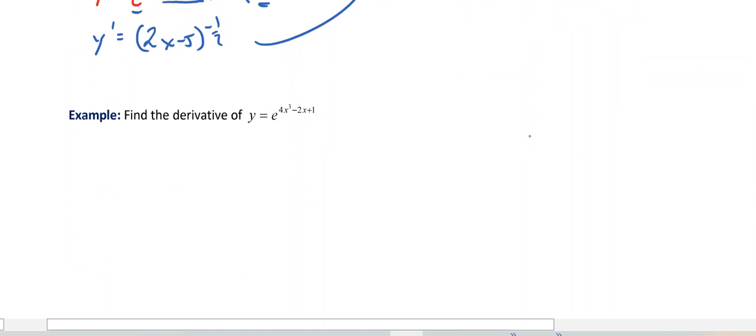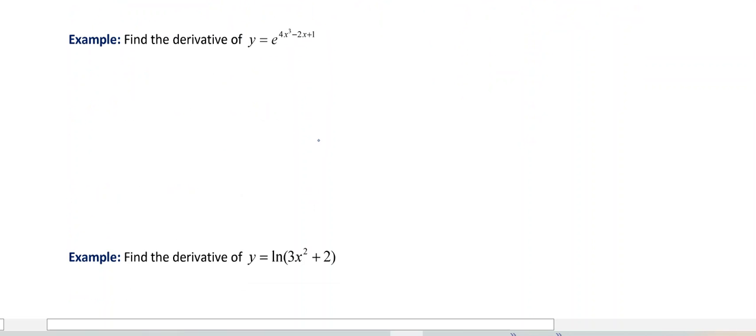And another exponential. Remember, with an exponential, the exponent is the inside function. And remember how we find the derivative of an exponential function. The derivative of y equals e to the x is simply e to the x. So the derivative of this is going to be e to the 4x cubed minus 2x plus 1.